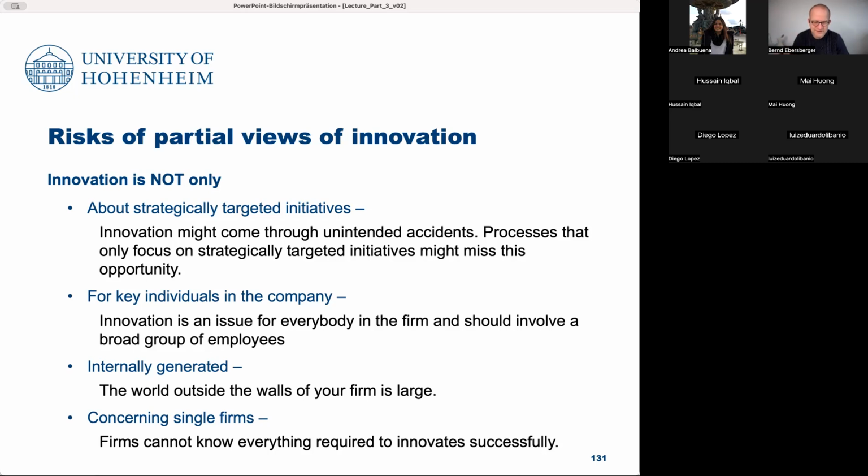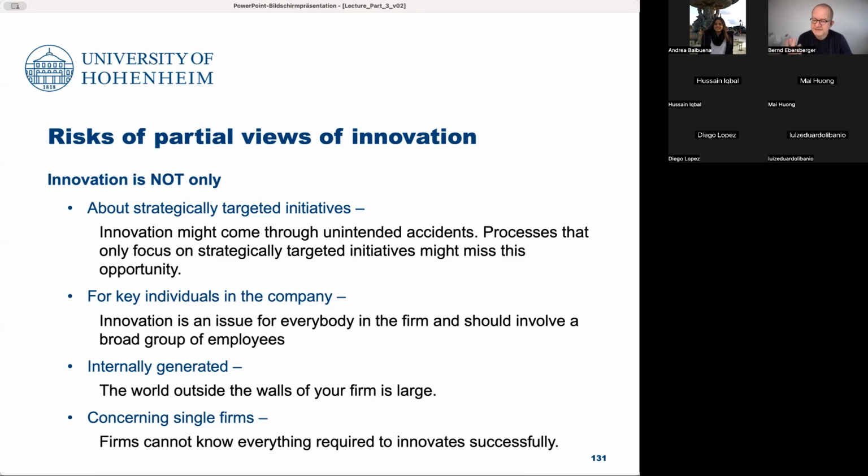We will talk about this later today or in the summer term as well, when we have a new theory, which is the relational view of the firm. And the relational view of the firm will tell us that it is typically not a firm on its own that generates or is responsible for its competitive advantage, like in the resource-based view, etc., or in the Bain type IO.